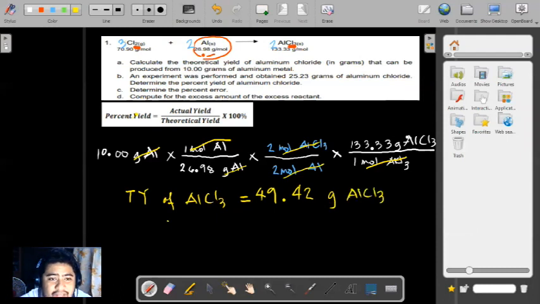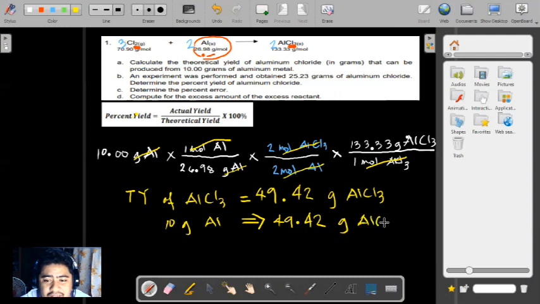So for every 10 grams of Al, makakapag-produce tayo ng almost 49.42 grams ng AlCl3.